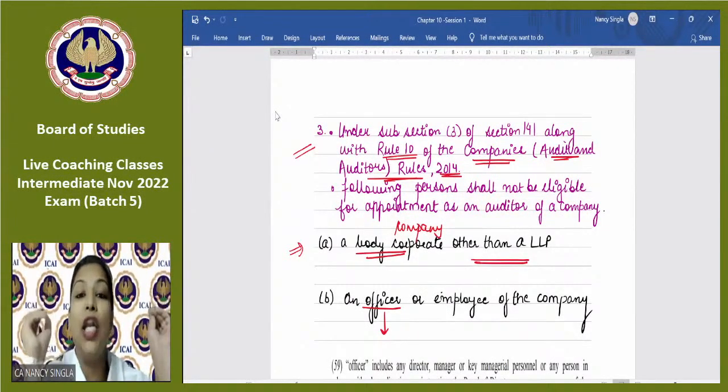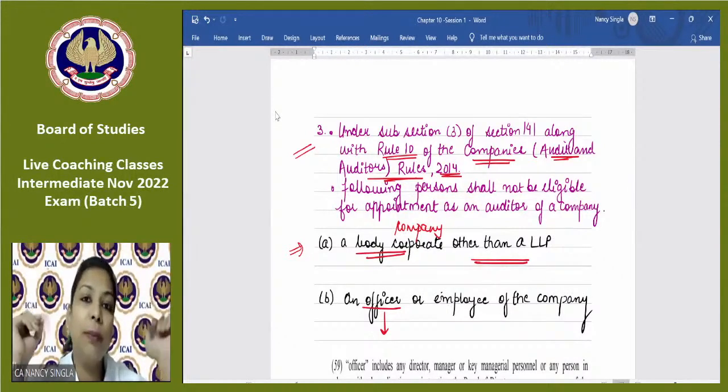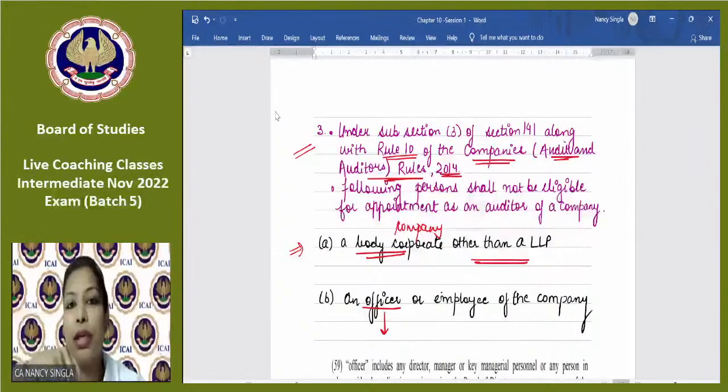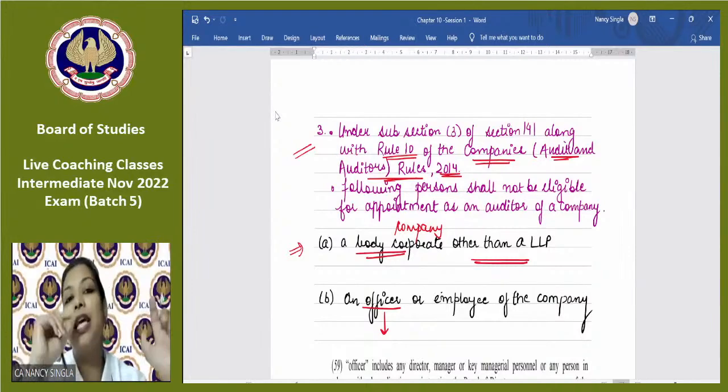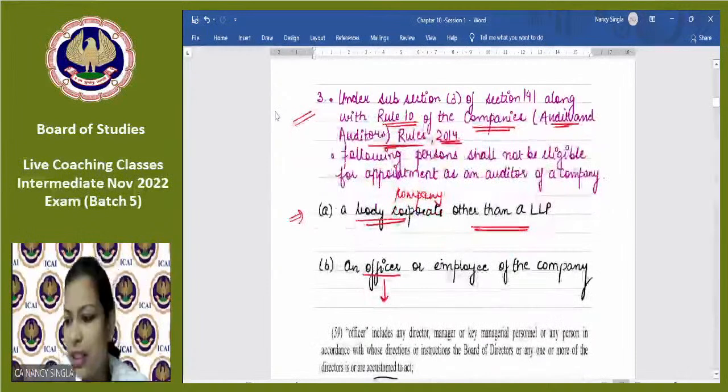So a company cannot be appointed as an auditor of the company. Specifically, ineligibility has been given to a company. Yes, LLP can be appointed. LLP is also one of the forms of body corporates, but LLP can be appointed as an auditor of the company. Right? Clear?